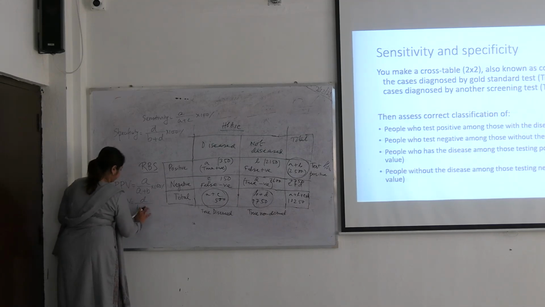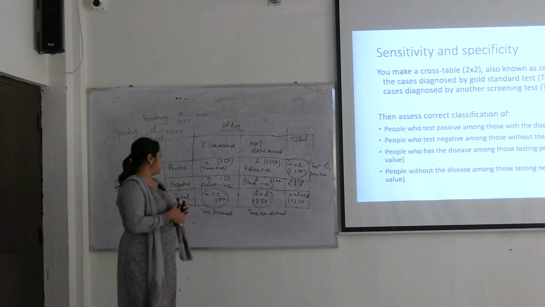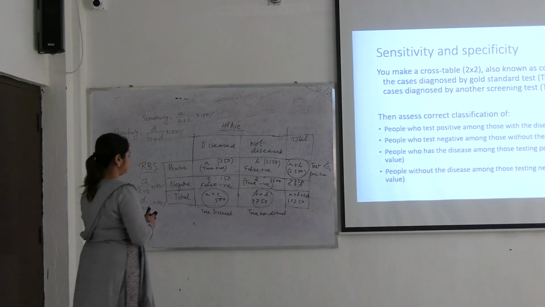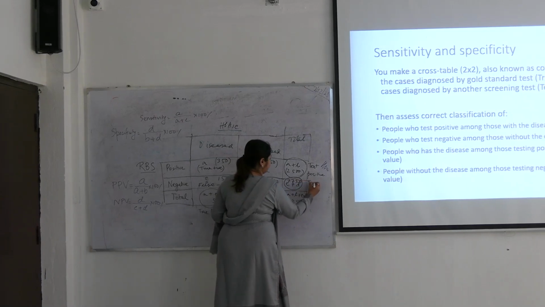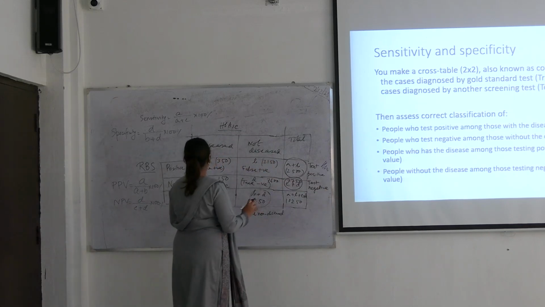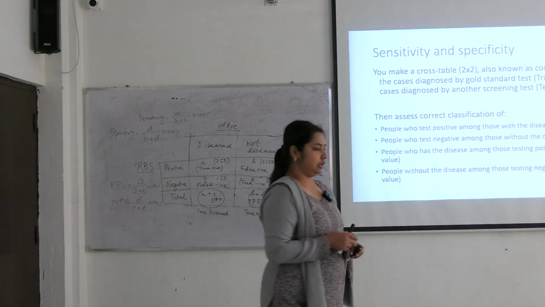It will be C plus D, so D divided by C plus D into 100%, it is the negative predictive value. So these are test negative. Whoever is actually non-diseased among the test negative, that is called the negative predictive value of the test.